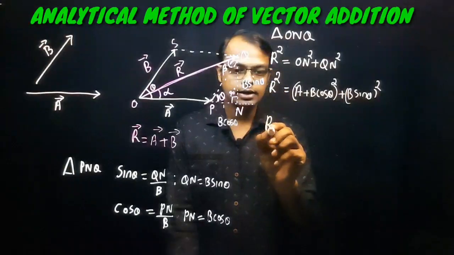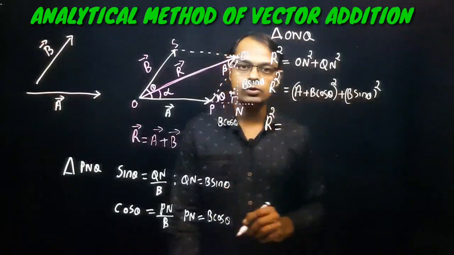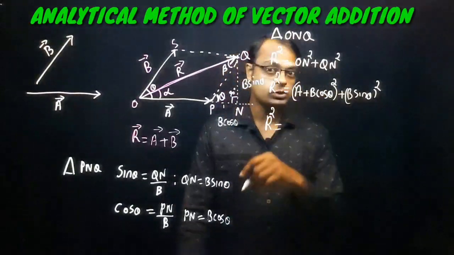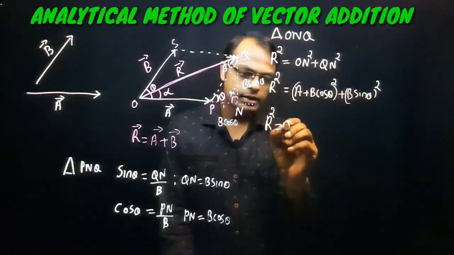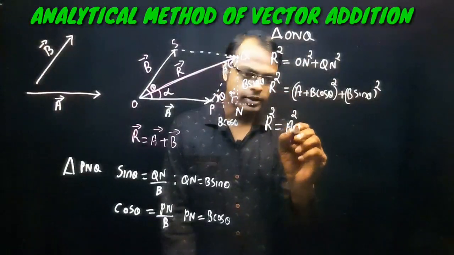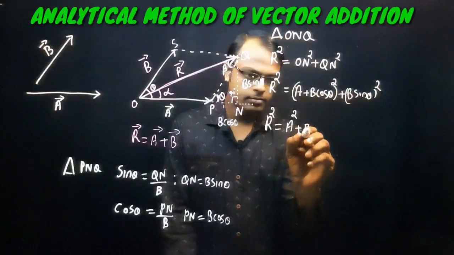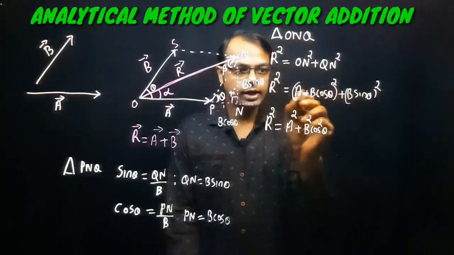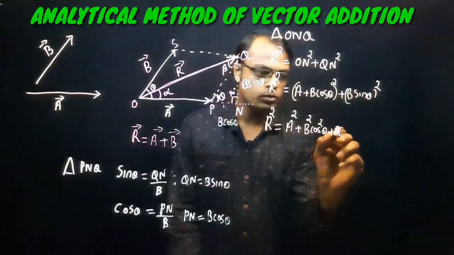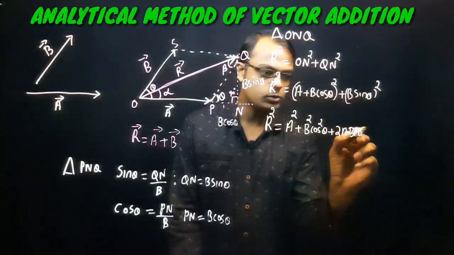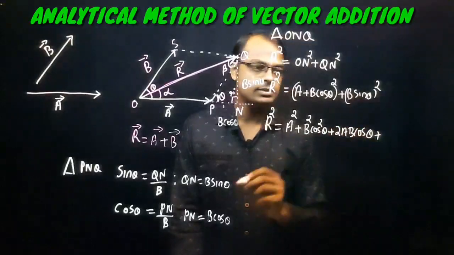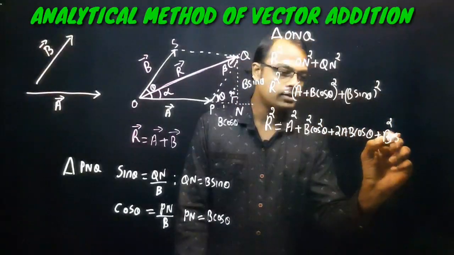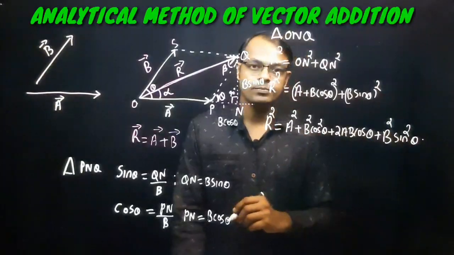So we can calculate the answer. R square is equal to A plus B cos theta whole square, means what? A plus B whole square, correct? So we can write this equation as A square plus B square cos square theta plus 2AB cos theta plus, next one is what? B sine theta whole square. So B square sine square theta.